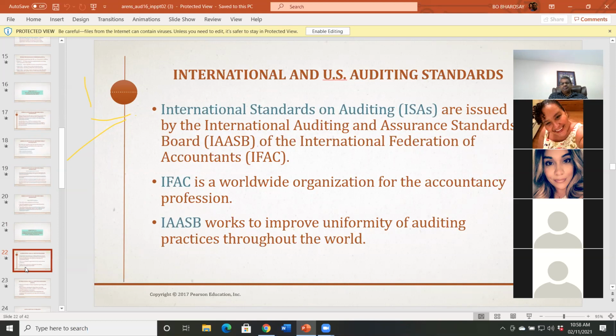Now, many people are of the opinion that the US accounting standards came about from the international standards. And I don't want to believe that. I think it's the reverse. I think the international standards came about from the US standards.